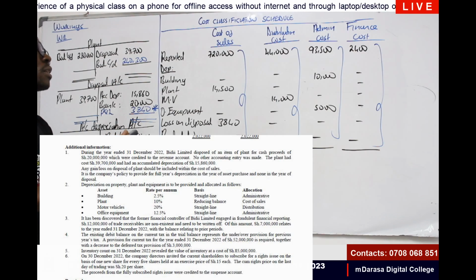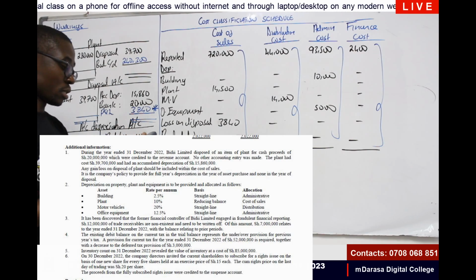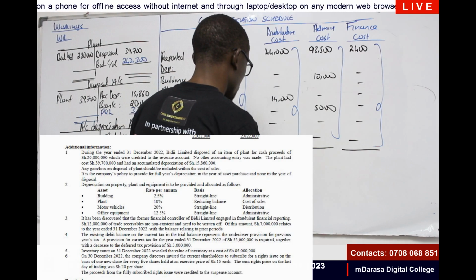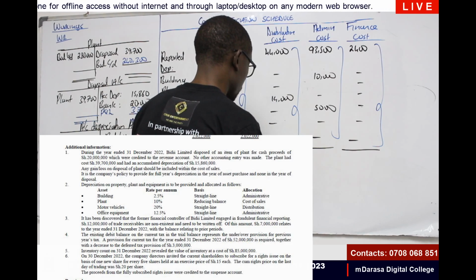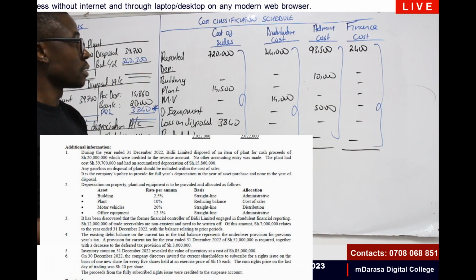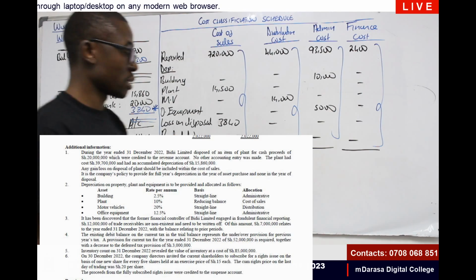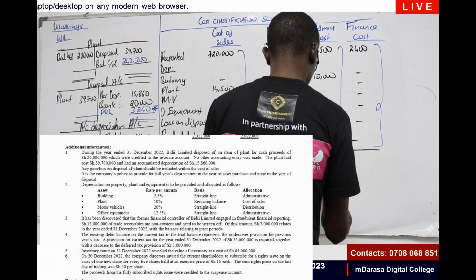Distribution cost, I'm having 44,000 plus 14,000, which will give us 58,000. Admin cost, 93,500 plus 10,000 plus 5,000, which will give us 108,500.